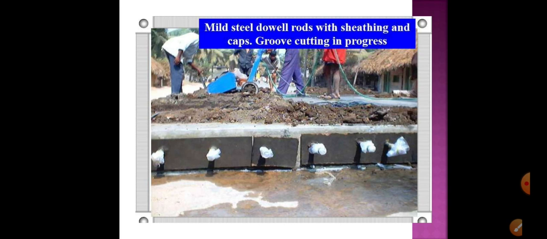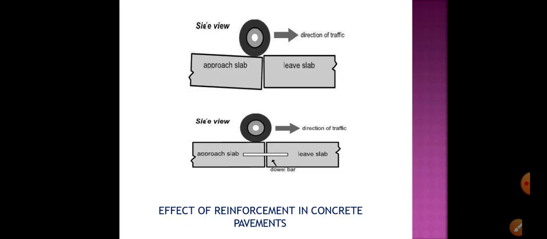In summer the slabs expand, and in those conditions the bar can easily move inside. If both sides are fixed, there is a chance of creating cracks on the pavement surface. So to avoid that, one side is fixed and the other side is provided with some movement.